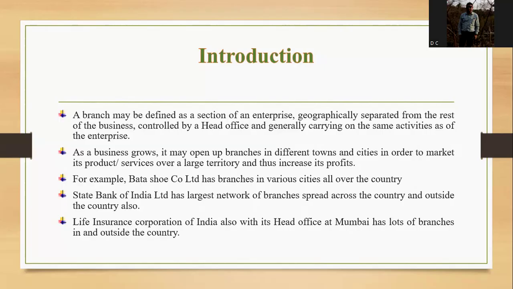And if we consider the branch, we have to think from the geographical location, because branches are spread all over the parts of the world, within India, outside India. And a branch always has a head office. The activities of the branch are controlled by the head office. The branch depends on the head office, and the head office allows the branch to carry out the same functions as done by the head office.